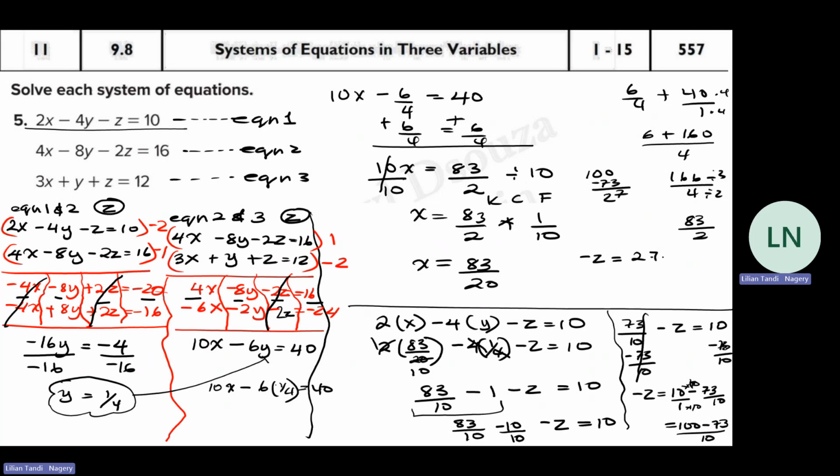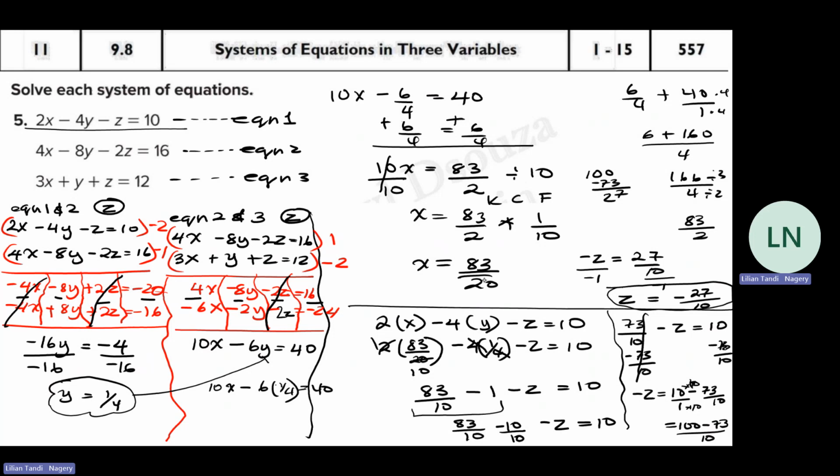So 27 over 10. Then you're going to divide by negative 1. Z is negative 27 over 10. And then that's your Z.